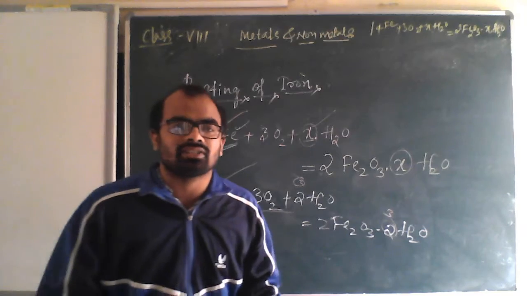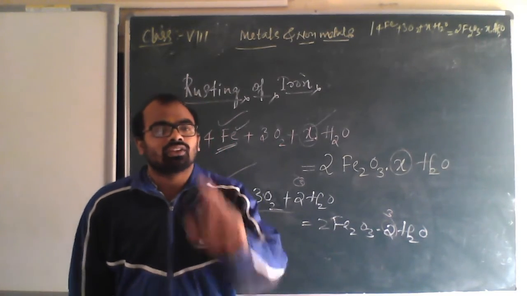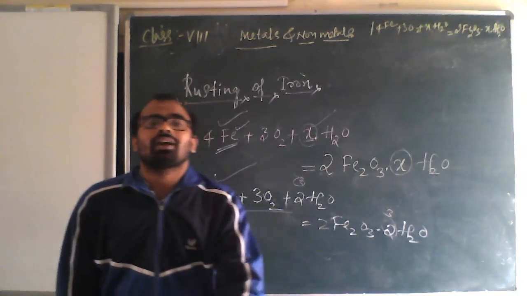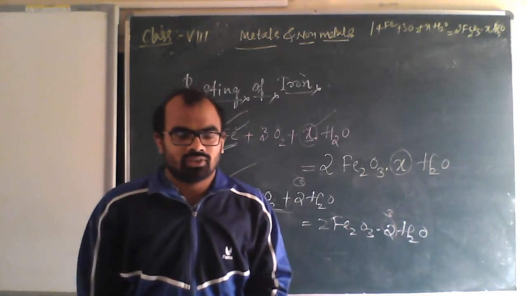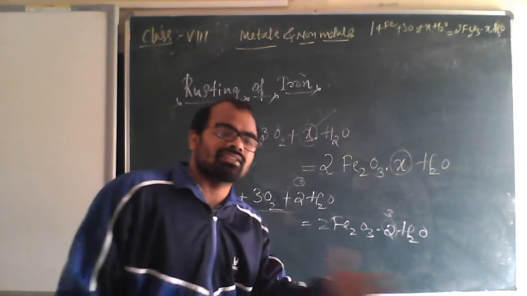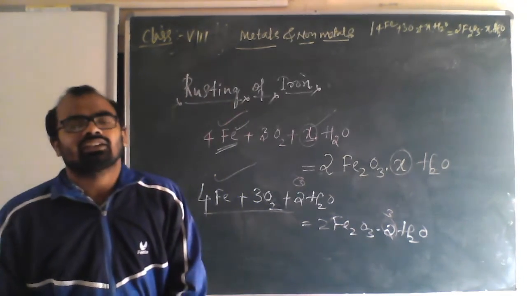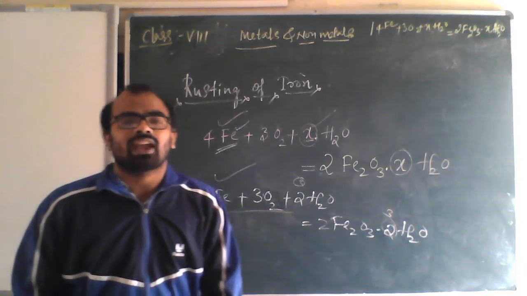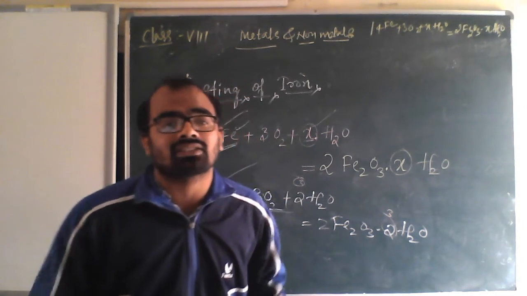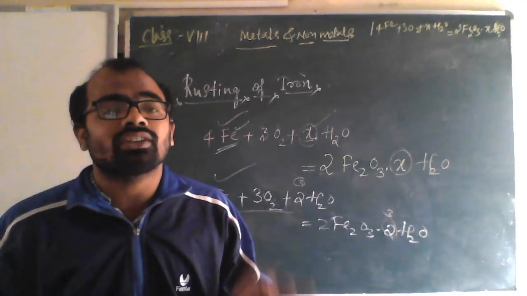Metallic oxides are basic in nature. You should remember. The formed metallic oxide reacts with water and forms metallic hydroxide. The formed hydroxide is a base. That base reacts with HCl, that is an acid, and thus it forms salt and water. This process is called a neutralization reaction.